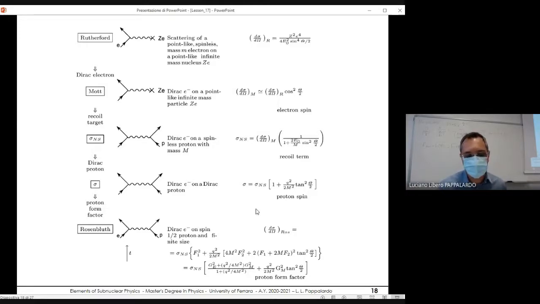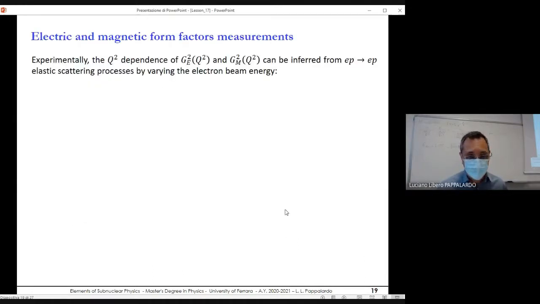So we express our cross-section in terms of electric form factors and magnetic form factors. So we removed step by step our initial approximations, which goes in parallel with increasing energy, in a certain sense. Now, how can we measure these experimentally?